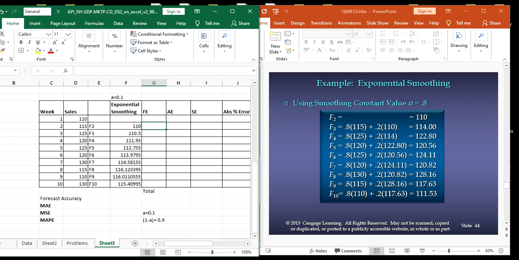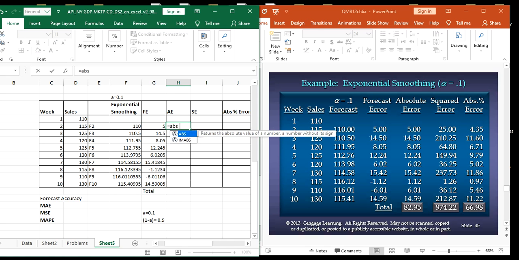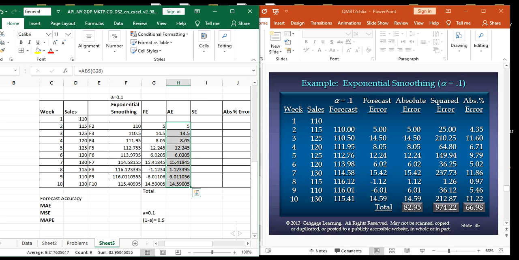Then we go to the forecasting errors, which equal the actual sale minus the forecasted sale. I drag this down. Here, the absolute value of errors. I drag this down to get the rest of the results.